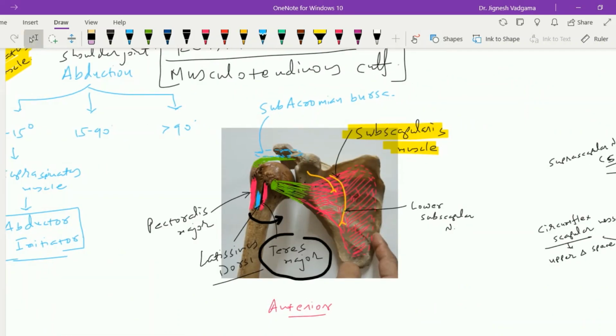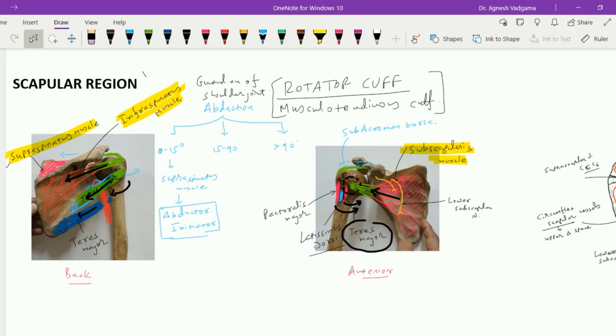While the subscapularis muscle, as it contracts, is inserted on the anterior aspect of the upper end of the humerus at the lesser tubercle, it is also responsible for the medial rotation of the shoulder joint. So this is all about the scapular region.